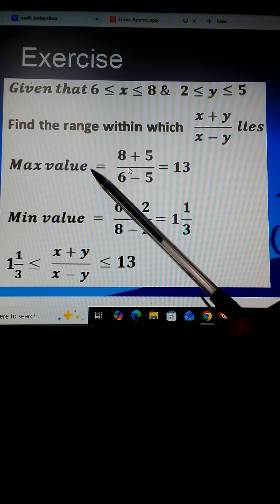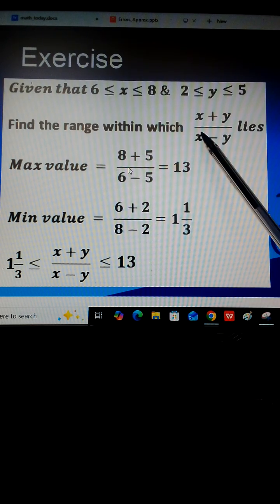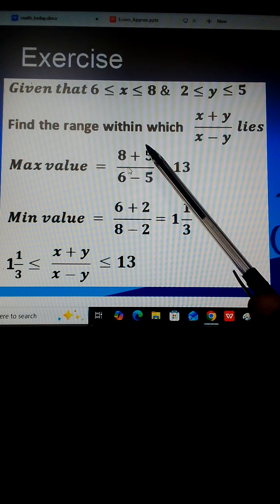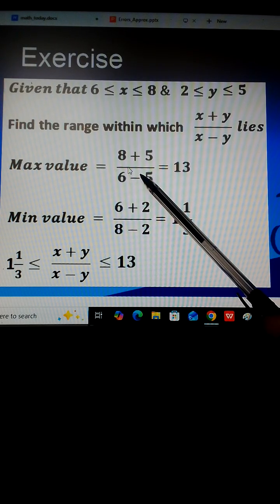How do you get the maximum value? To get the maximum value of this expression, the numerator must be maximum, divided by the minimum possible denominator.